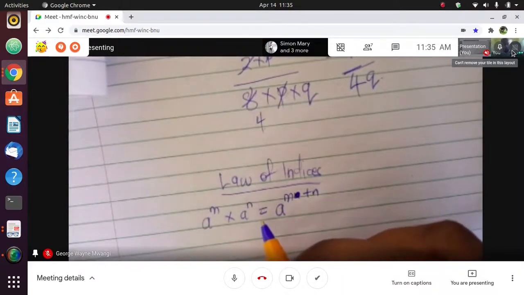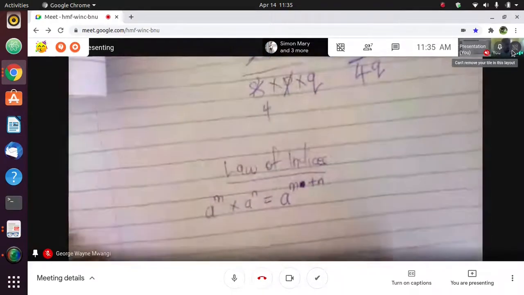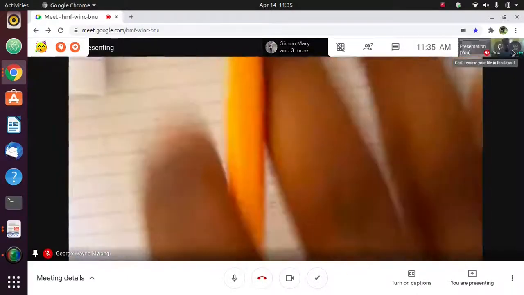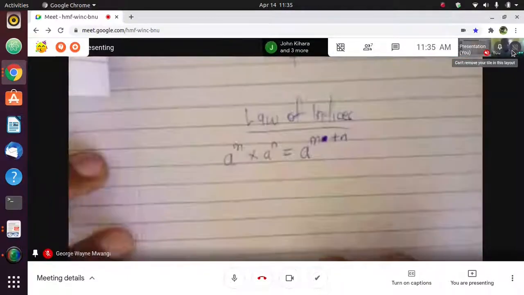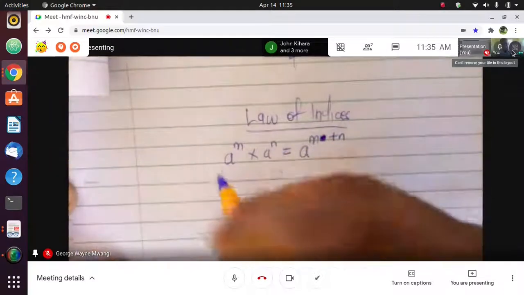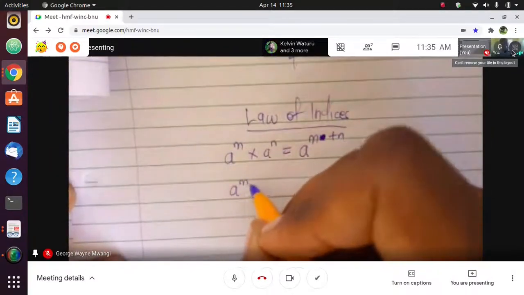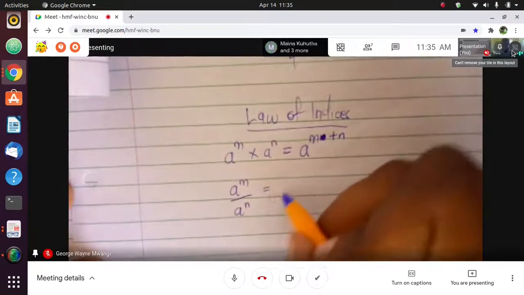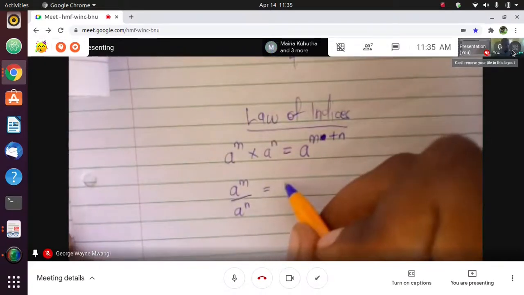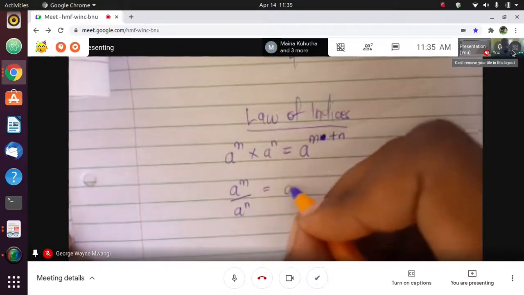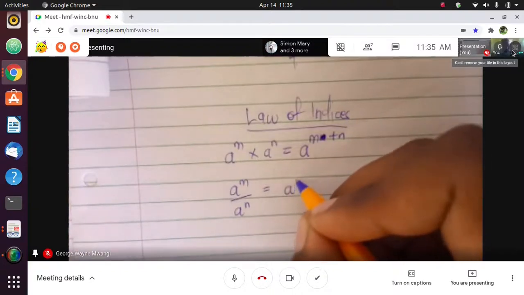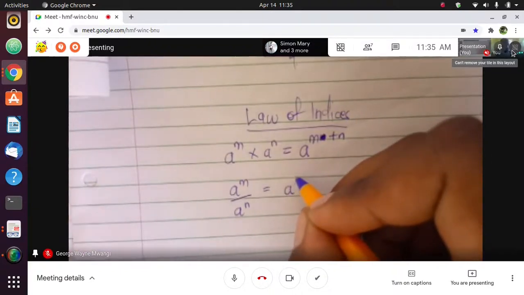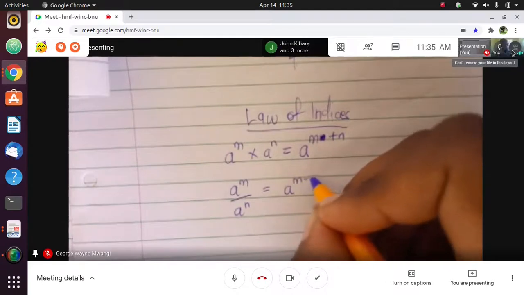Yeah. Hizi laws tunazikumbuka vizuri ama tushasahau vile tumeenda nyumbani? Haya, a raised to power m divided by a raised to power n itakuwa ngapi? It is the same as writing a raised to power m minus n.